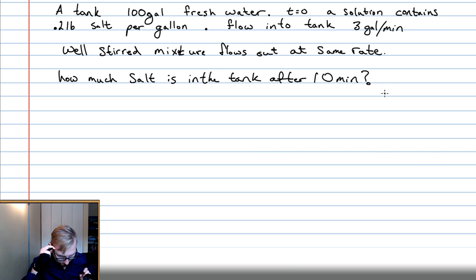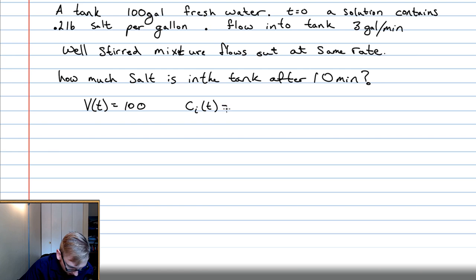So we're gonna say that our volume of our tank, V of T, is 100. Okay, so it's kind of like our position. It's 100. Our concentration inflow rate is 0.2, and we'll say pounds per gallon.